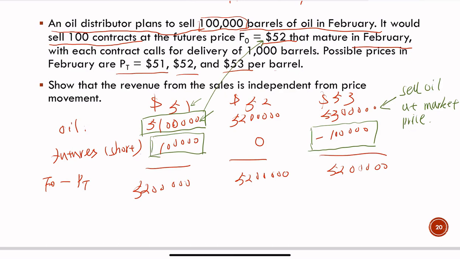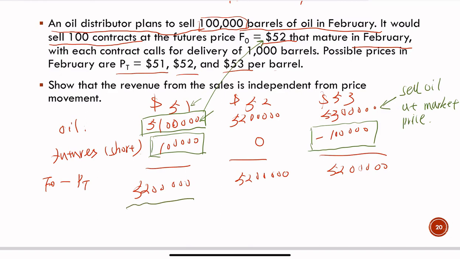And then you can see that this positive $100,000 and negative $100,000 will offset with each other. So in the end, you will get this fixed amount.